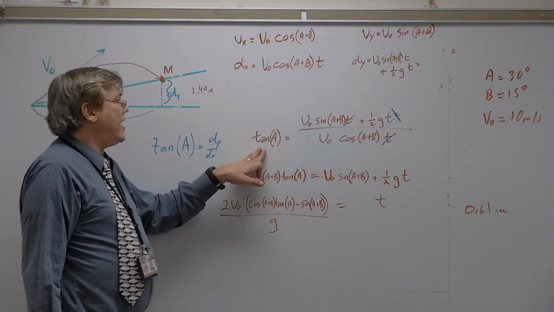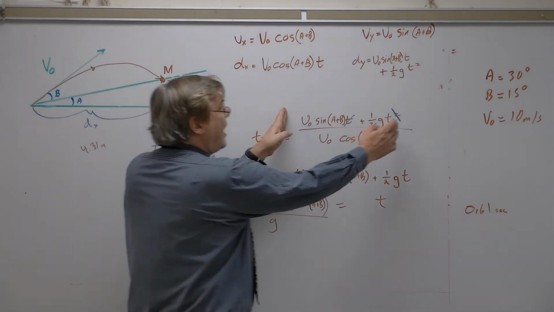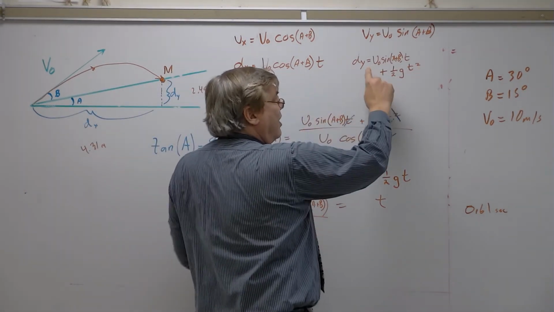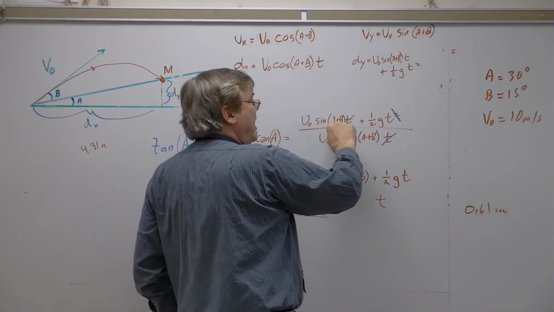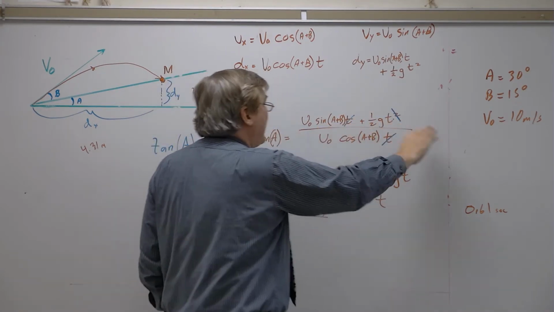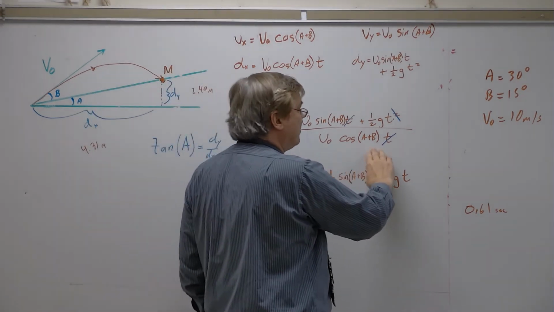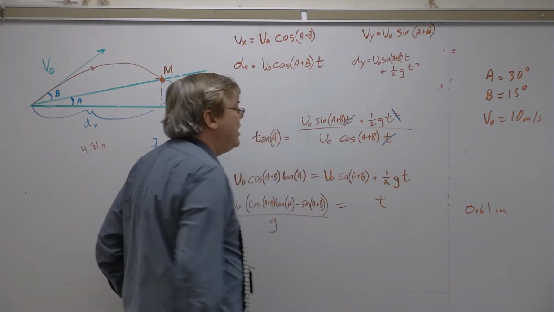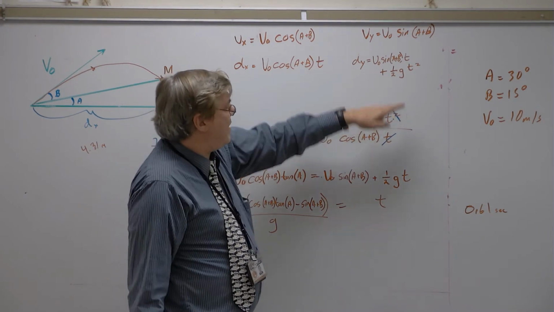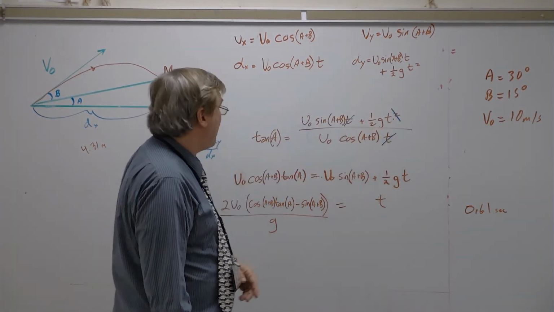Knowing that, tangent of angle A is distance y, which is V naught sine A plus B times t plus 1/2 gt squared, divided by the dx, which is V naught cosine A plus B times t. I've got t squared and t, so I can cancel a bunch of t's. It leaves me with just one there.